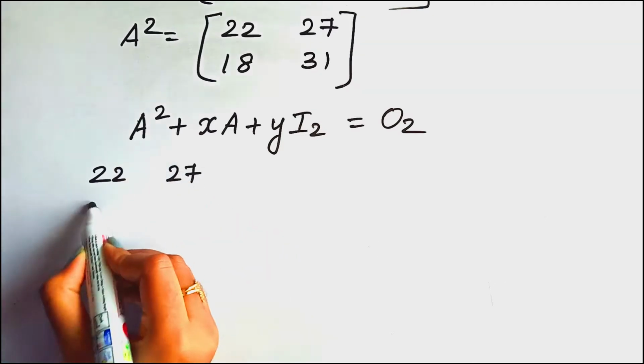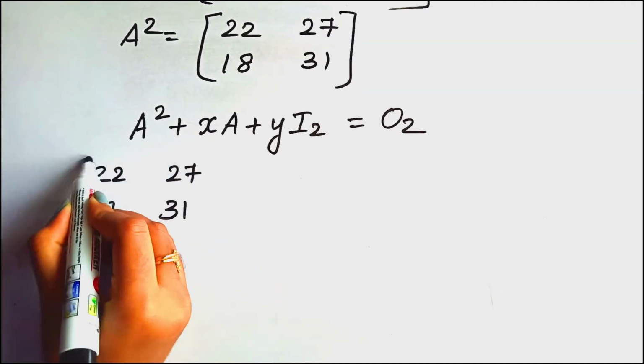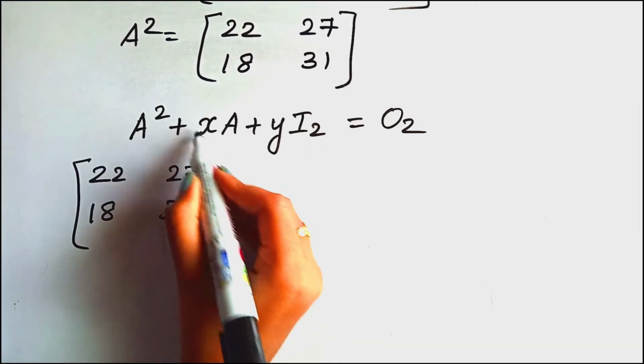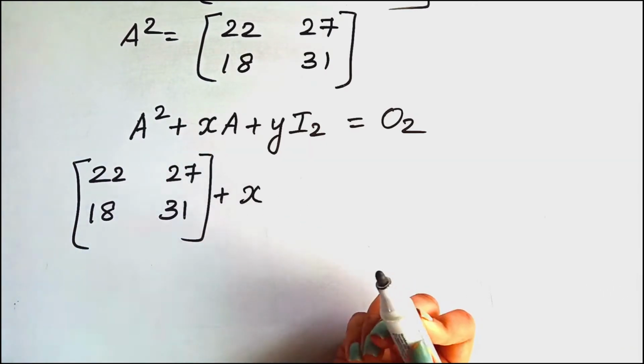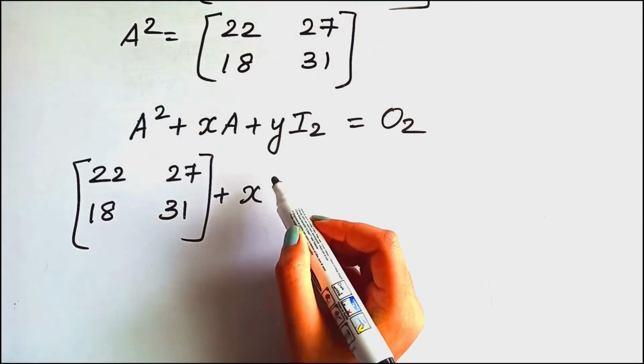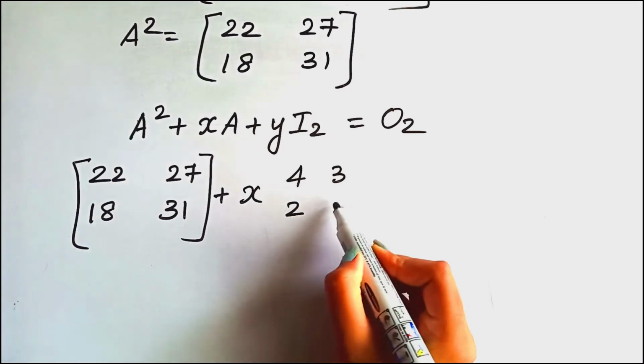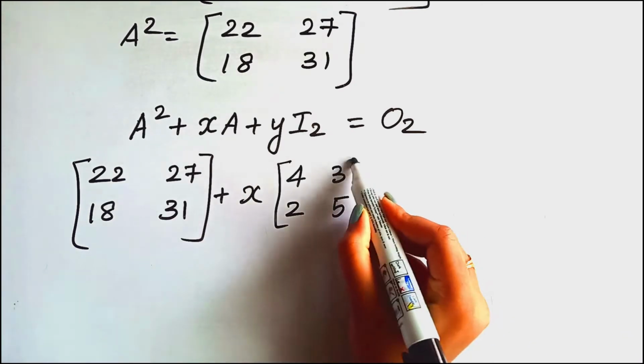27, 18 and 31. Right, here there's a plus, so plus, and here there's an x, so let's substitute x here and then A. So we have to substitute the value of A. So what's A? 4, 3, 2, 5, right?